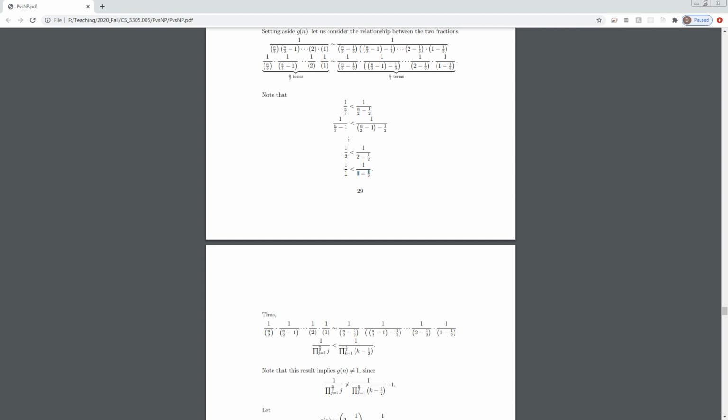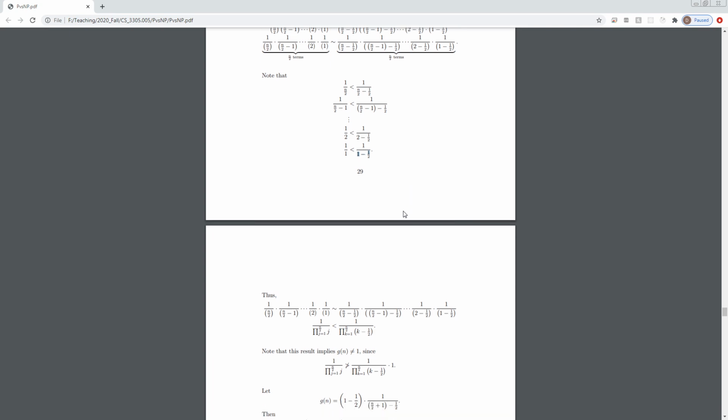So in that relationship, we would have as our smallest comparison, 1 is greater than 1 over 1.5, right? So 1 is greater than 2/3. And then as our largest comparison, we would have 1 divided by n over 2 plus 1/2. Right?